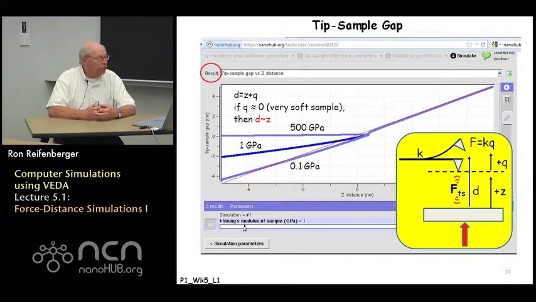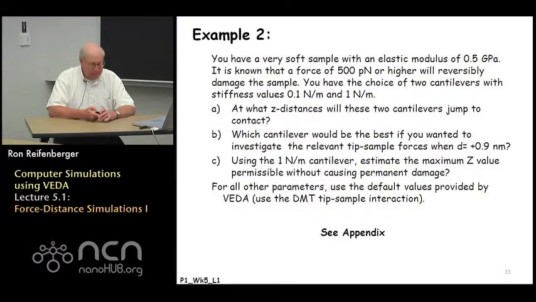So if Q is equal to 0, D should be proportional to Z, and that proportionality is indicated by the red line in this plot. So you can see that for soft samples, there's a pretty good proportionality between D and Z. I would hope it's obvious why that is, right? That's something that the first 4 weeks of this lecture should allow you to understand.